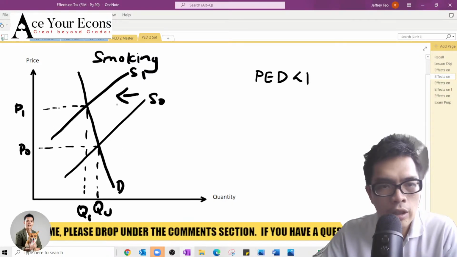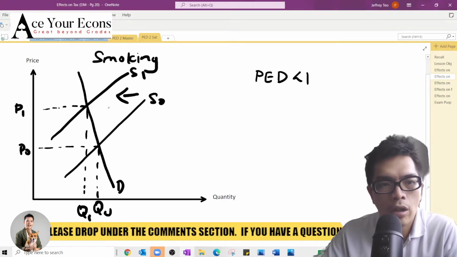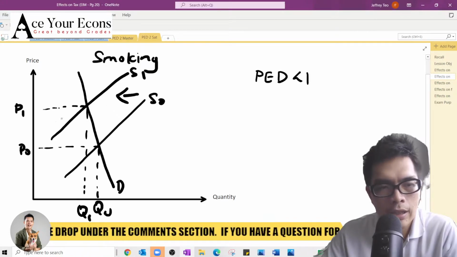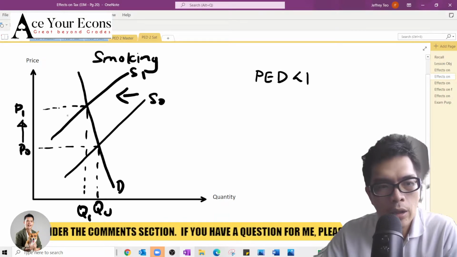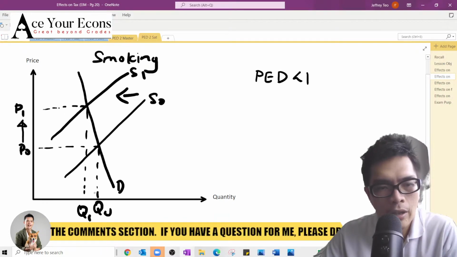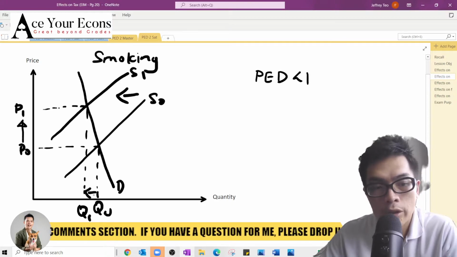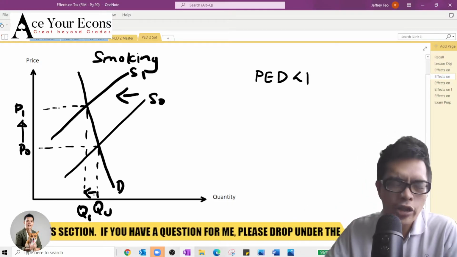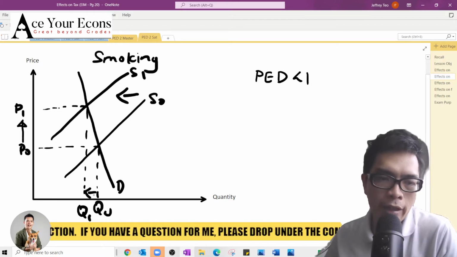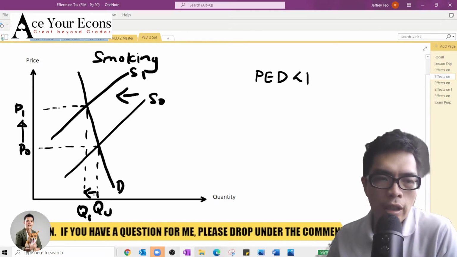We can see that when we impose a tax on a good that is price demand inelastic, the increase in price will result in a lesser than proportional fall in quantity demanded. So in a nutshell, it is not very effective to curb smoking.